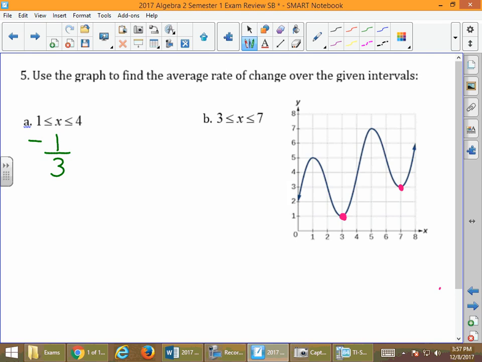And again, we're going to rise to get to that other point, and we're going to run. So we rose 1, 2, and we ran 1, 2, 3, 4 to the right. Rise 2, run 4, and we can simplify 2/4 to be 1/2.